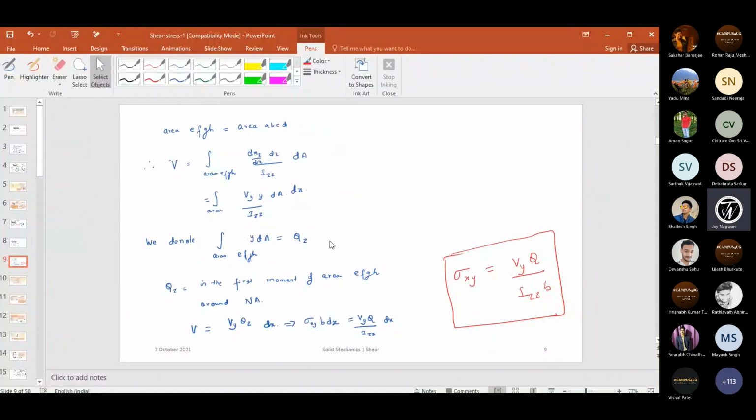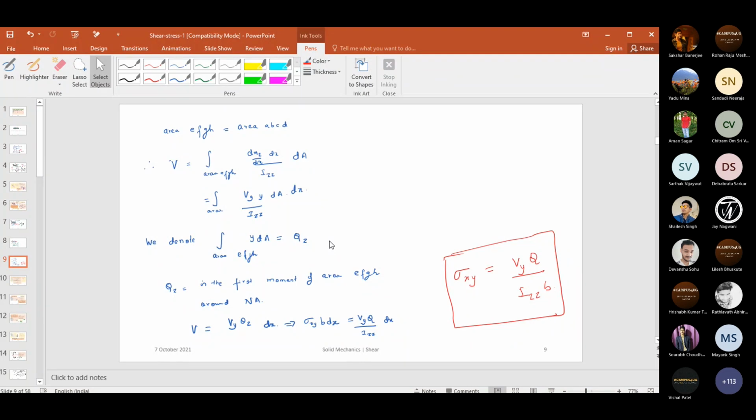I can solve, na? Okay. The very simple one I will derive. I hope you will understand it very easily.